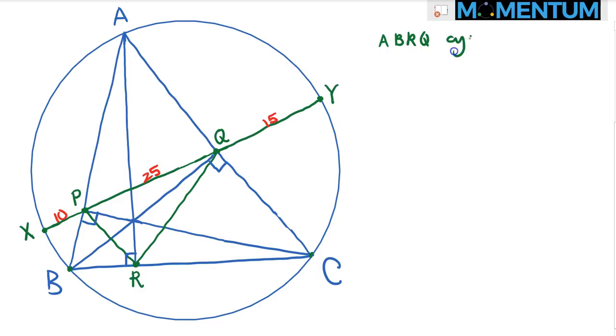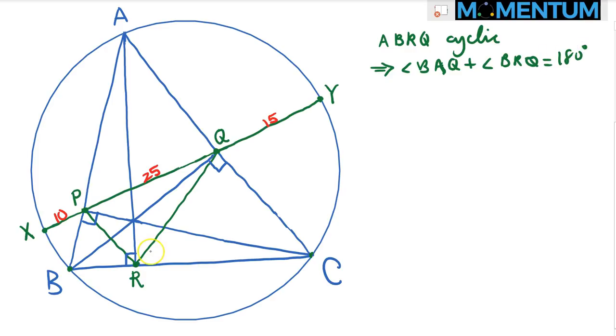ABRQ is cyclic. It's obvious by the fact that you have angle ARB and AQB both 90-degree angles. And because this is cyclic, it implies angle BAQ plus angle BRQ is 180 degrees.